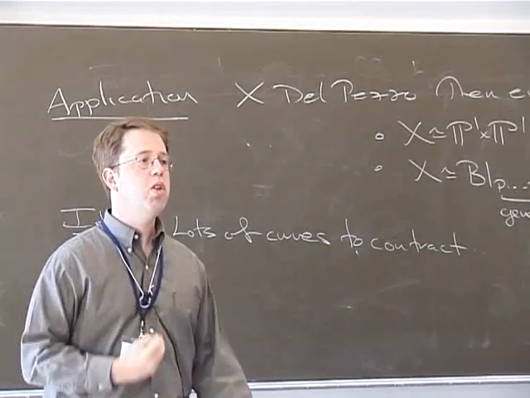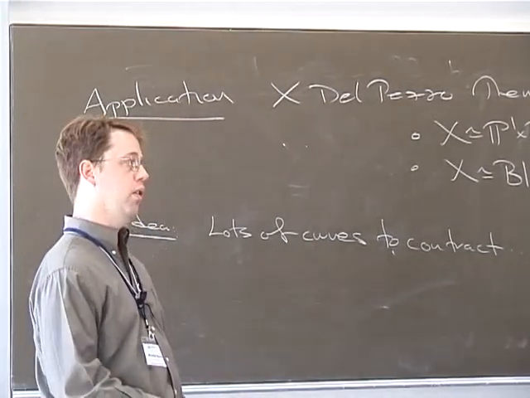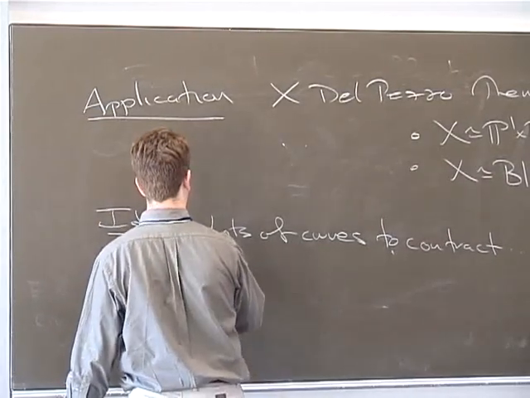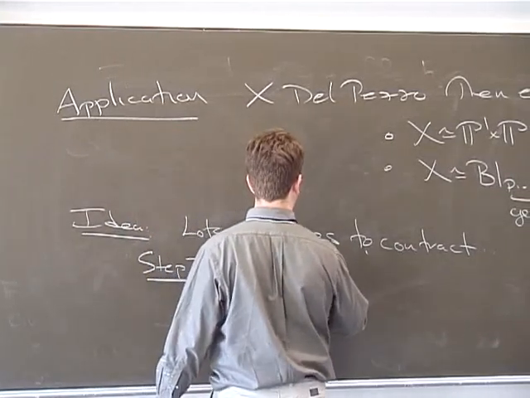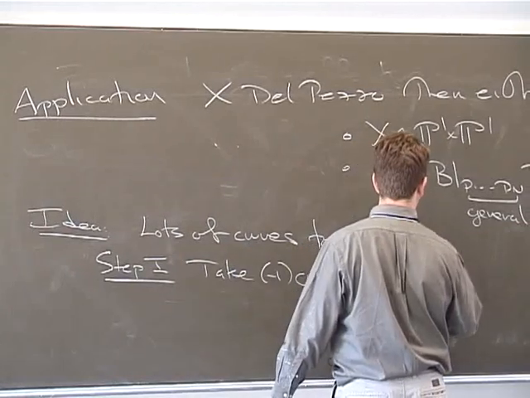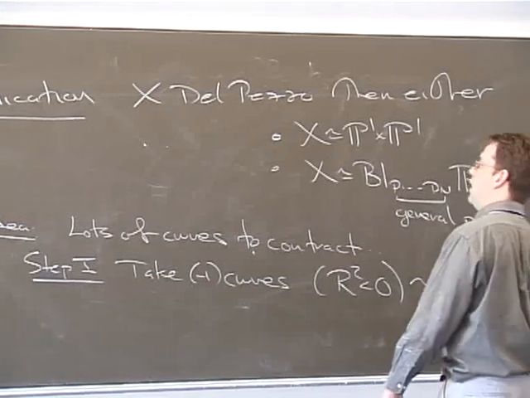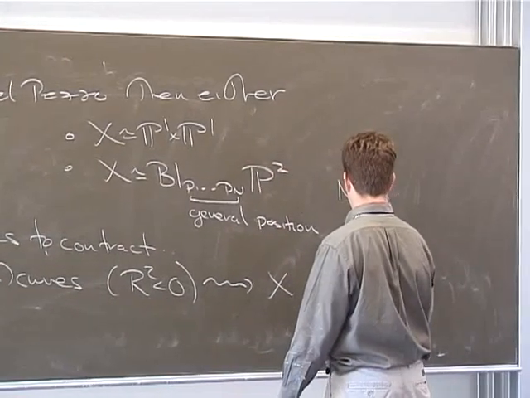And so what we should do is contract the -1 curves first. So step 1, let's take the -1 curves, that is those with R squared equal to -1. And so this gets us to the situation where X is a minimal del Pezzo surface.